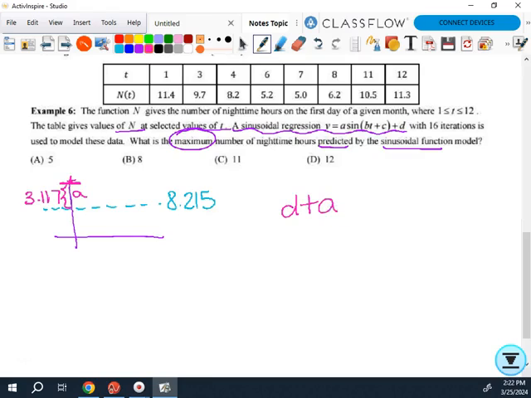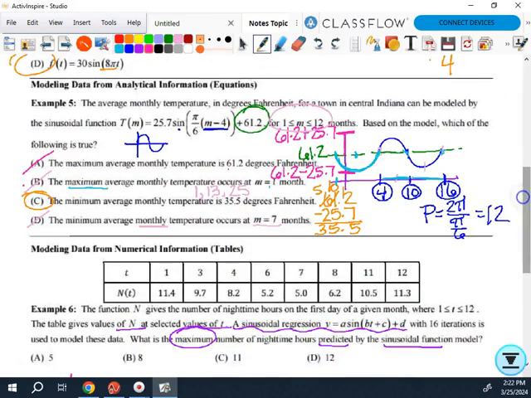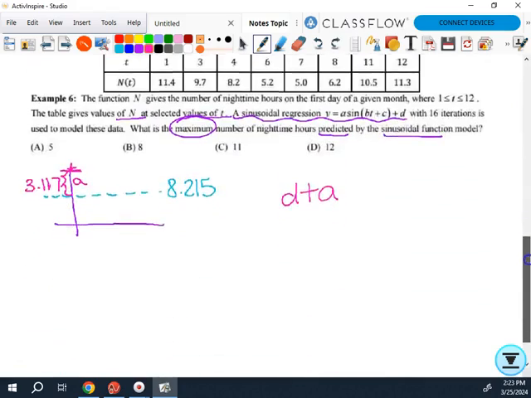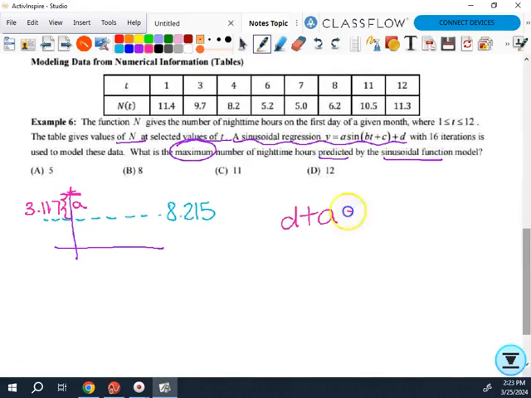That's also what we did right here, right? We took D, we added the amplitude. We took D, we subtracted the amplitude for the minimum. So we're doing the same thing here. And so this is going to give me 8.215 plus 3.117. And that gives me about 11.3. To the nearest hour, that would be 11.